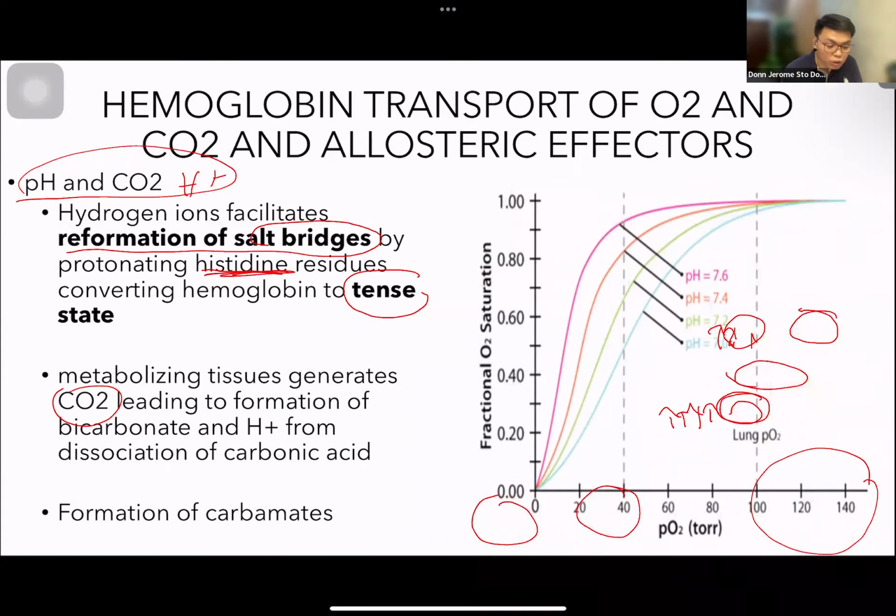This graph just shows you the effect of pH, no? Decreasing pH shifts the curve to the right. Sabi nga natin, when you shift the curve to the right, is that the low or high oxygen affinity form? That's the low oxygen affinity form, leads to the release of oxygen to the tissues.